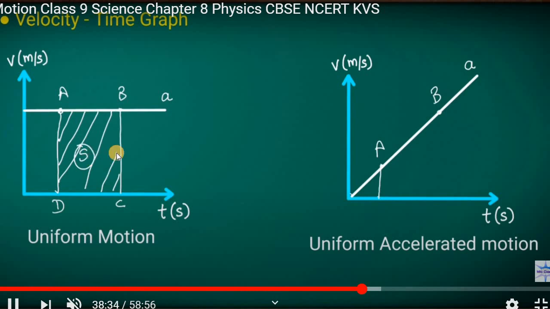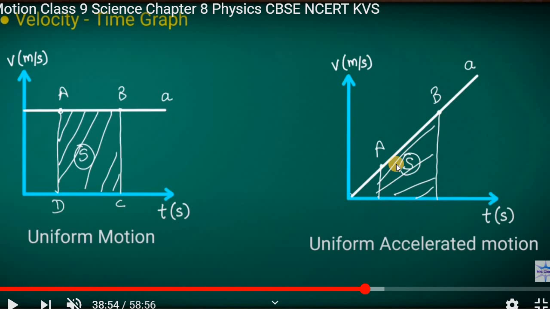This area we denote as the distance S. S means the magnitude of the displacement, or you can say the area is equal to the distance. If we want to find the distance, we find the area, and we get the distance traveled per unit time.